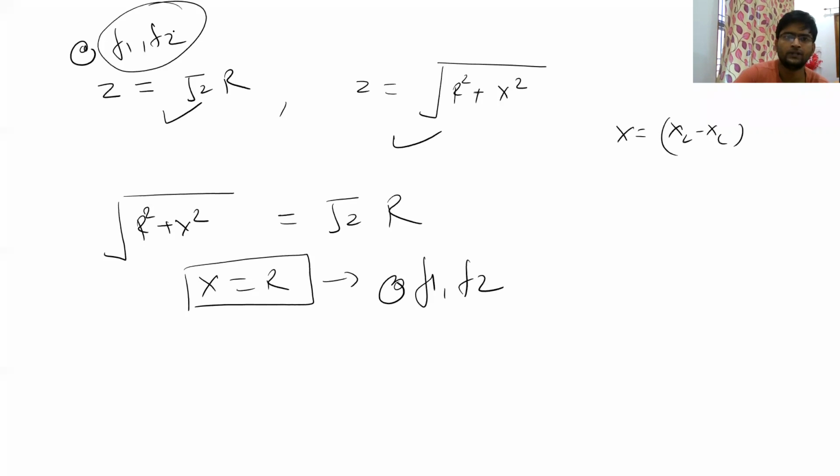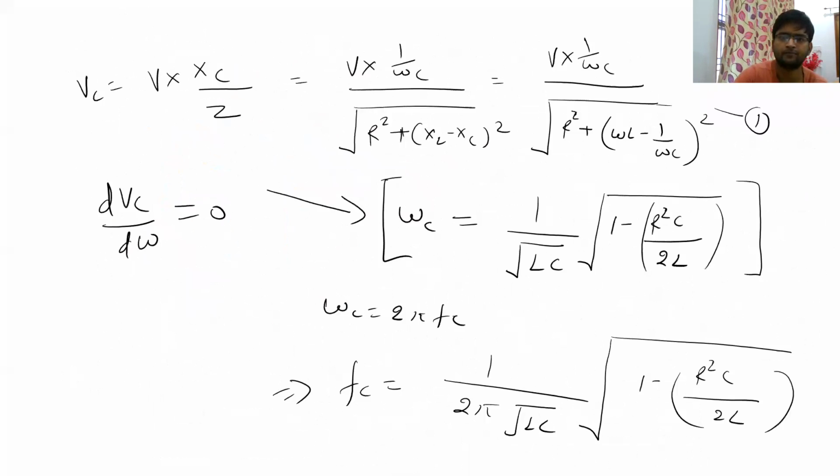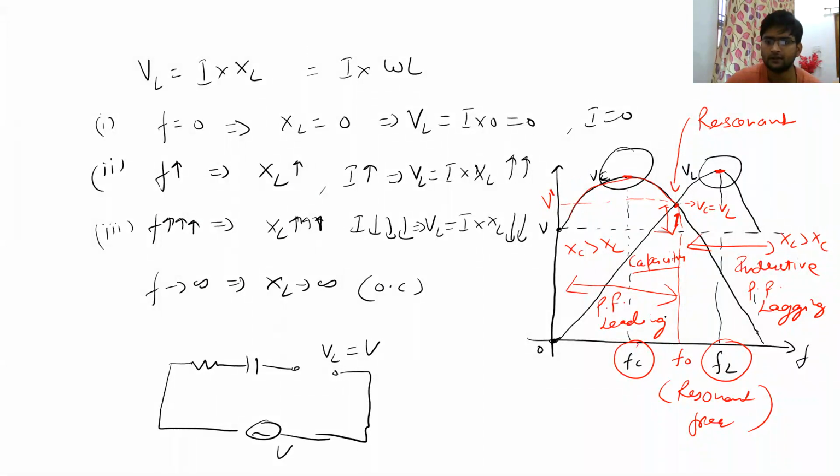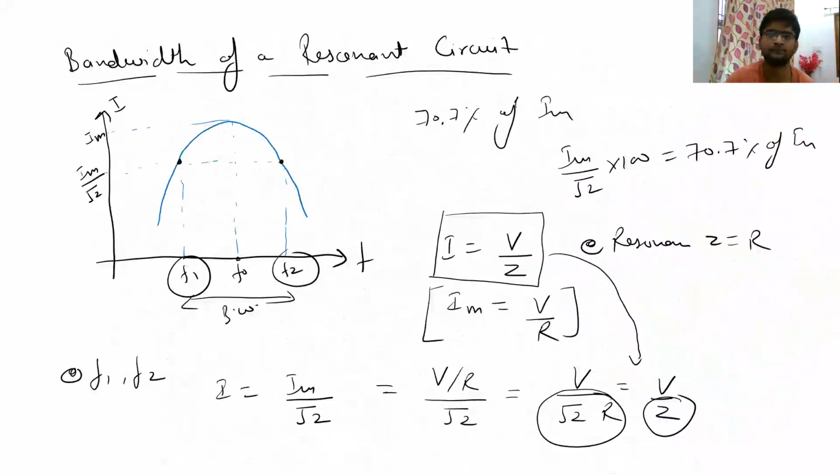Let us take the first case at F1. In the previous diagram, you saw that at all frequencies below F0, the circuit was behaving as capacitive, where your XC value was greater than XL, and at all frequencies beyond F0, the circuit was behaving inductive, where XL was greater than XC.